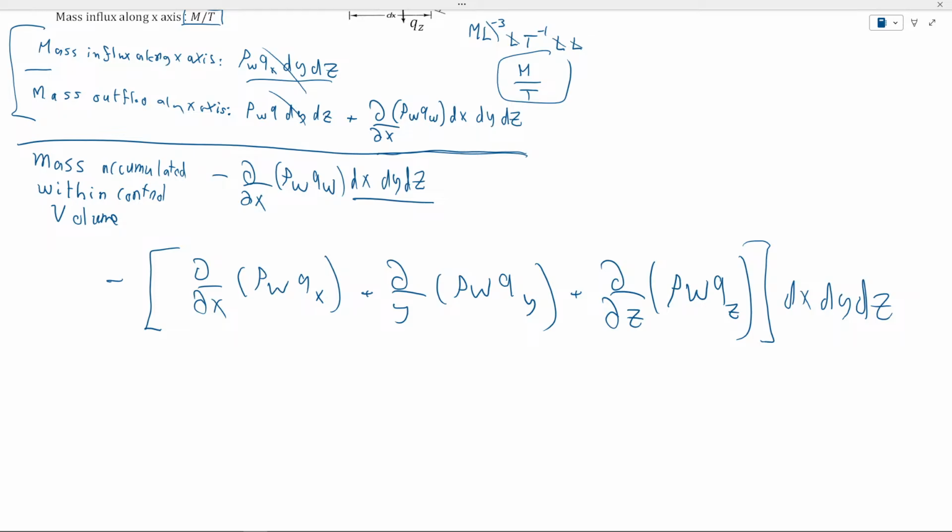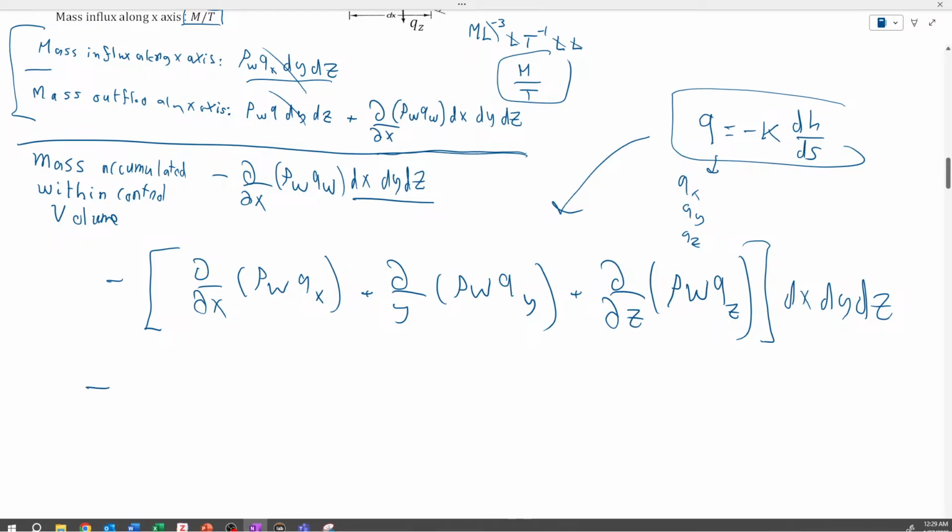And now remember Darcy's law. I have q is equal to negative k dh over distance ds. Yeah, so I can substitute basically this q with qx, qy, and qz. So I can substitute this guy here. So if I did this, then I will get something that looks like this.